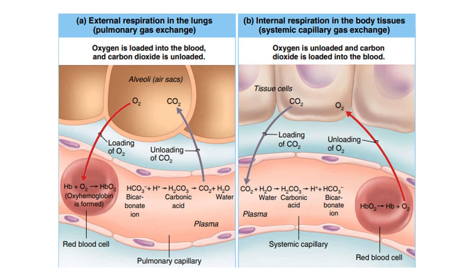So let's recap that process. External respiration in the lungs. This is your pulmonary gas exchange. Oxygen is loaded into the blood and carbon dioxide is unloaded. First, let's look at how oxygen from the alveoli or air sacs diffuse through the membrane and go into the red blood cells, where it combines with hemoglobin to form oxyhemoglobin, which is eventually carried to the systemic circulation.